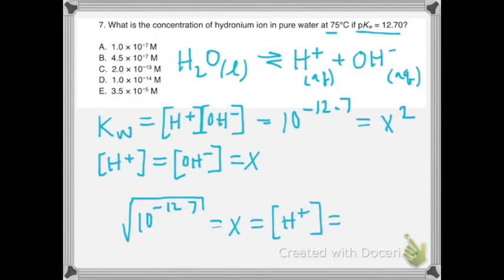And when you do that computation, you end up getting 4.46 times 10 to the negative 7. Okay, which rounds to be the same as answer B.